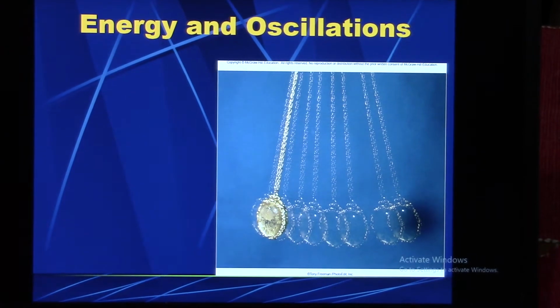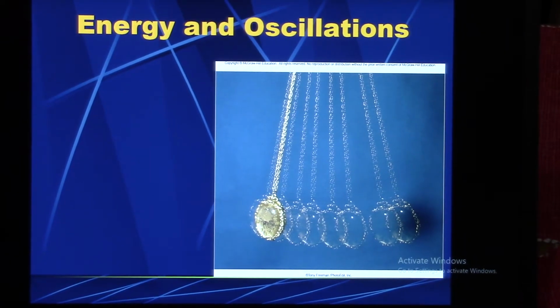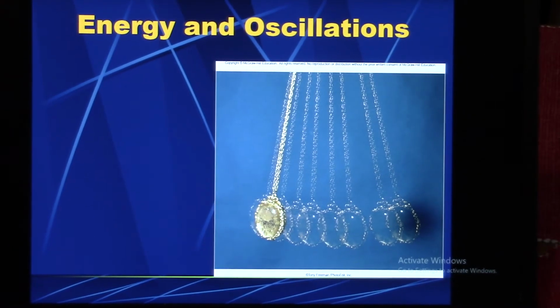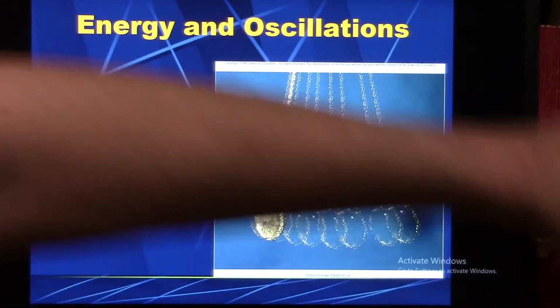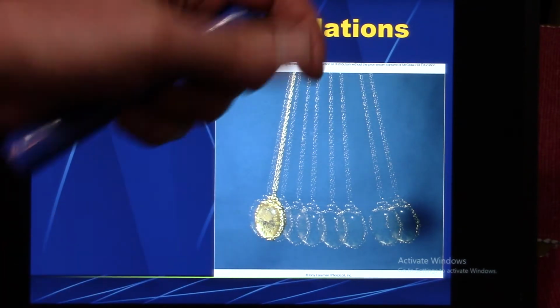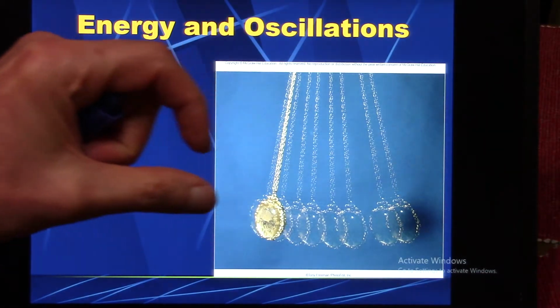All right, so here we have a pendulum swinging, right? We've all seen that. This looks like some sort of necklace. They're just holding a chain. But if you pulled it, you gave it some energy, then gravity pulls it down, but it doesn't just stop at the bottom.